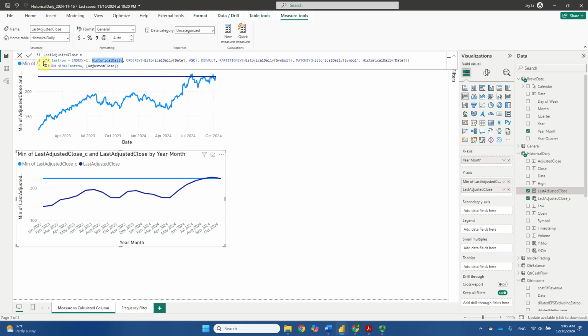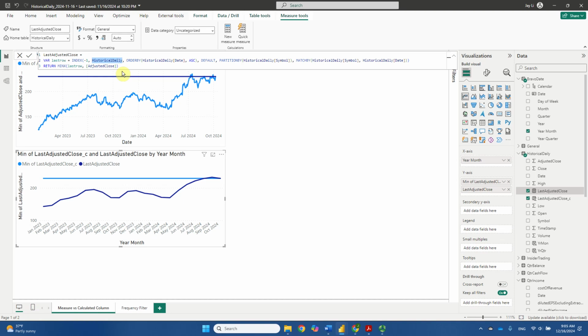Okay, so let's look at the definition of this measure. We are still using this index function, and this index function is going to work on this data set called historical daily. In general, historical daily is a big data set which covers a lot of different days for Apple.